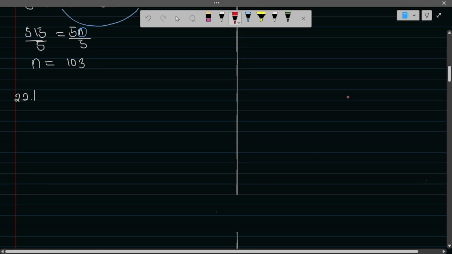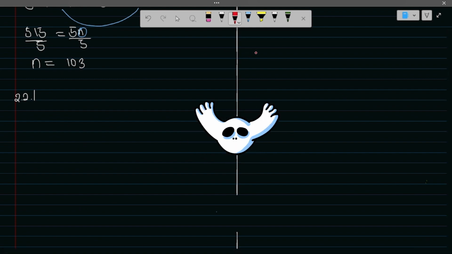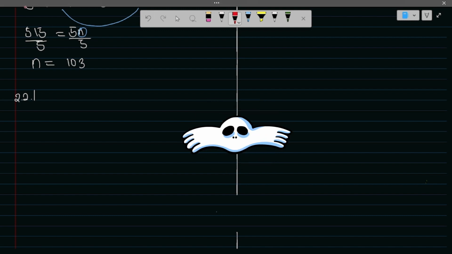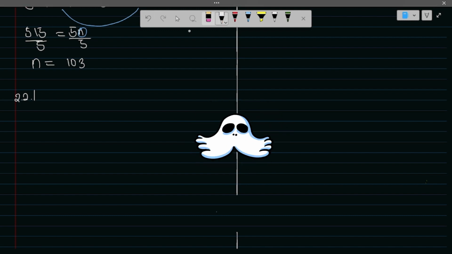So all you do is this, guys. You can solve this question in 2 ways, either the long way or the short way.